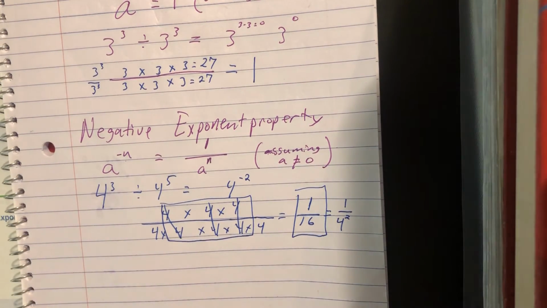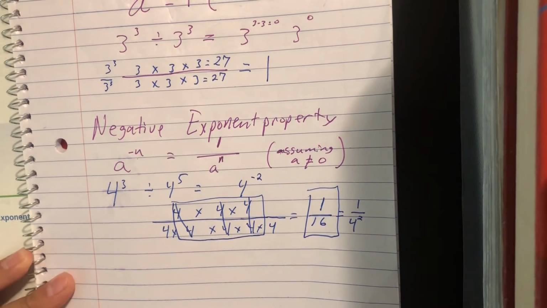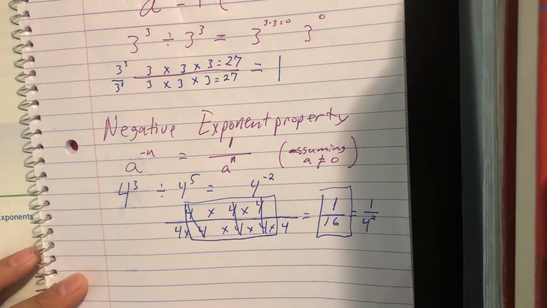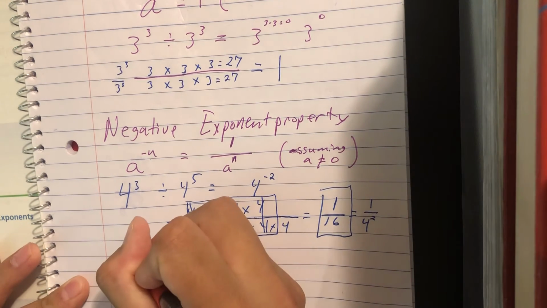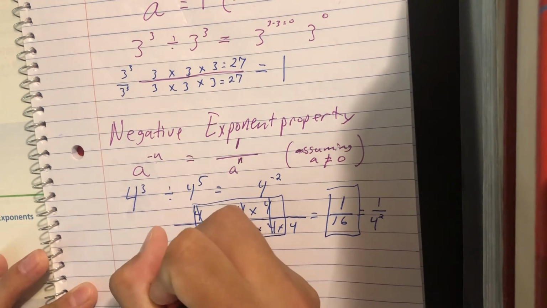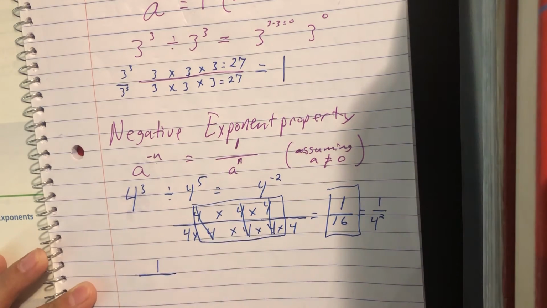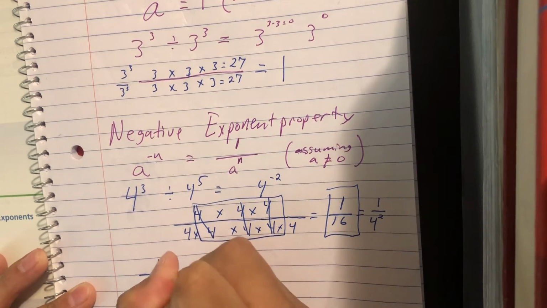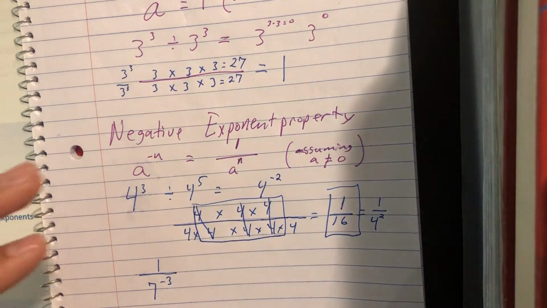But what happens if it's written the opposite way? What happens if it's already written with a negative, but it's already in fraction form? So it's 7 to the negative 3rd.